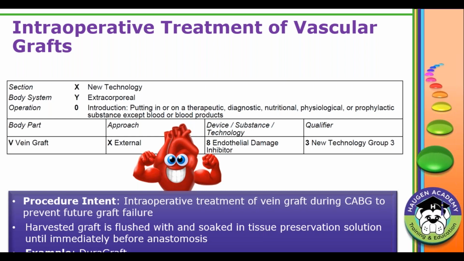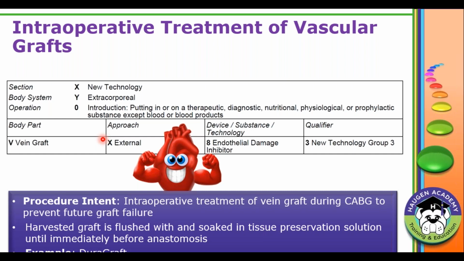And this was a new technology a couple of years ago. It's assigned to the XY0 table. XY0, you can see the body part is the vein graft. The approach is external because this is all done outside the body. You're harvesting, but then this is for placing it in this solution to help prevent this endothelial damage.